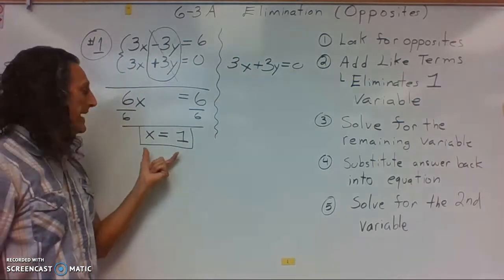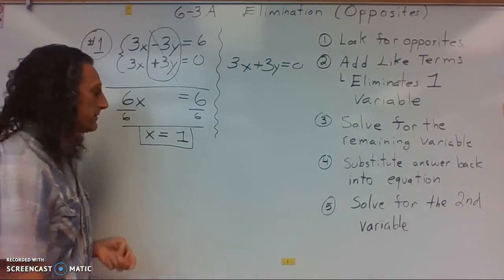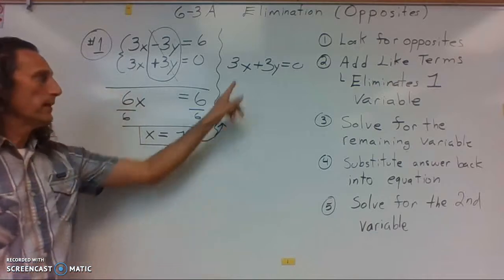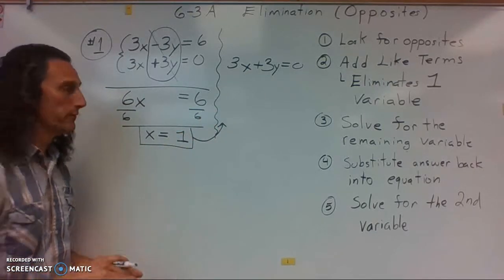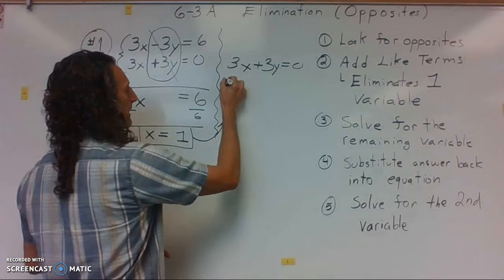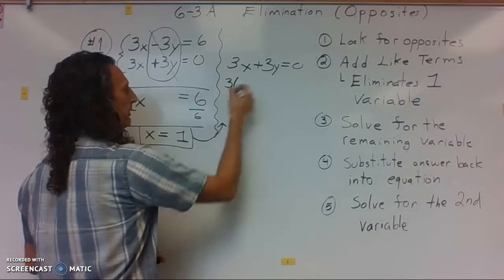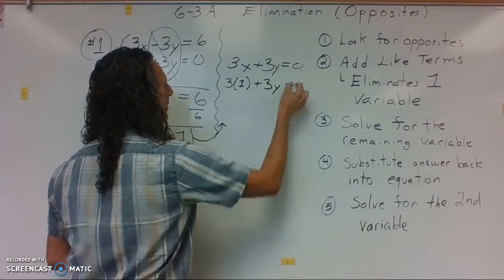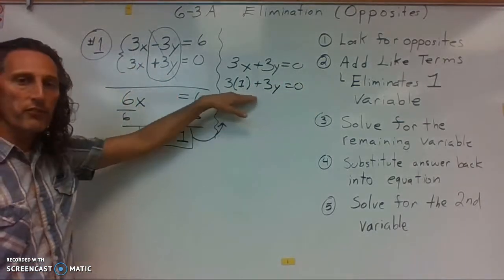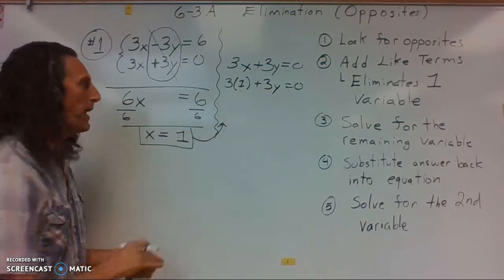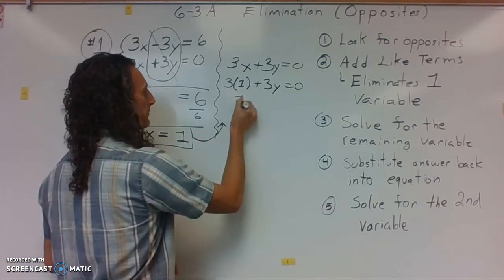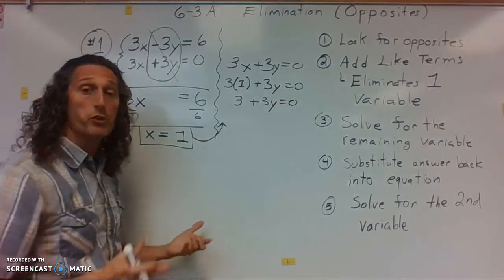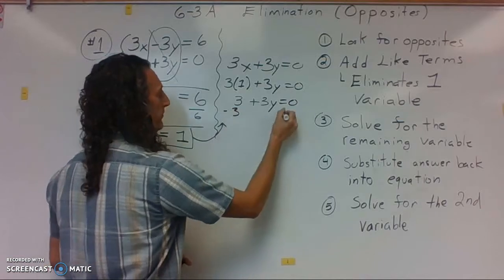I'm going to take my answer that I just found for x, and I'm going to plug it into this x up here. Because by doing that, watch, 3 times 1 plus 3y equals 0. Well, what does that do? It gets rid of that variable. So well, now I can solve for the letter y. So I go 3 times 1 is 3 plus 3y equals 0. I have a two-step equation, so I'm going to minus 3 from both sides.